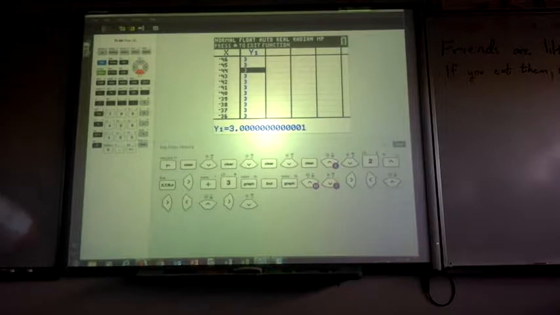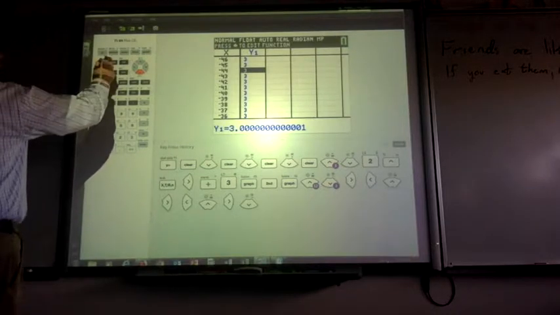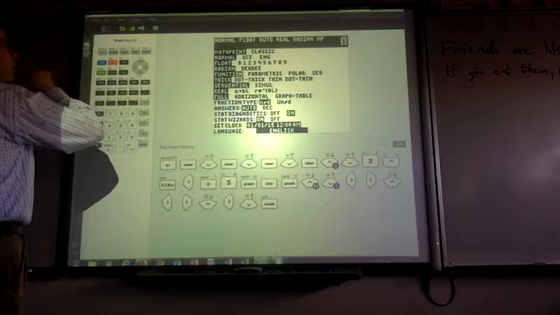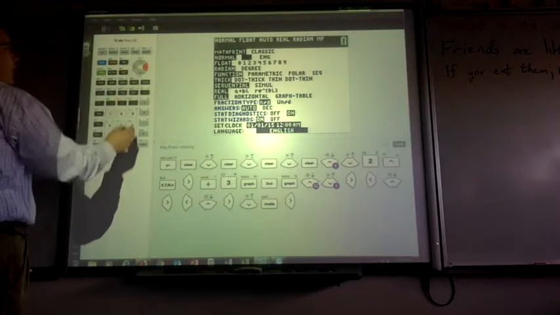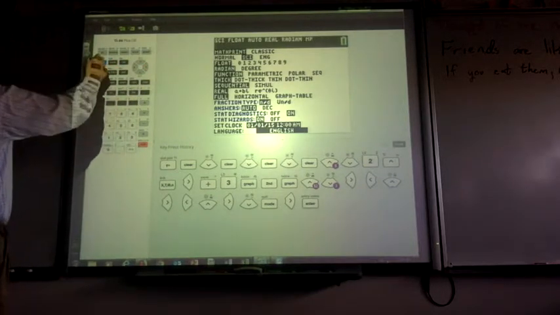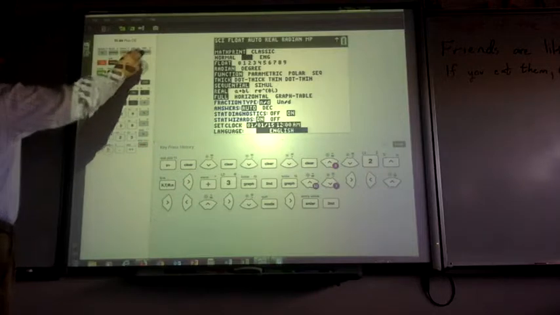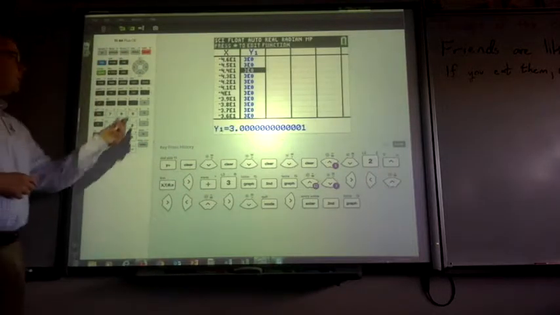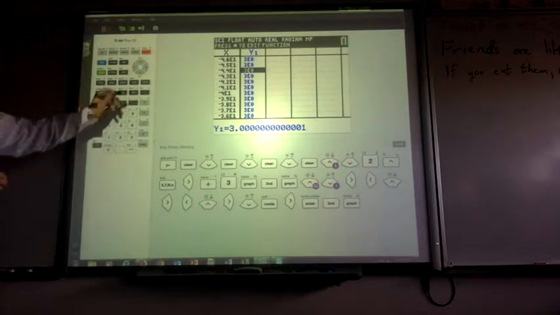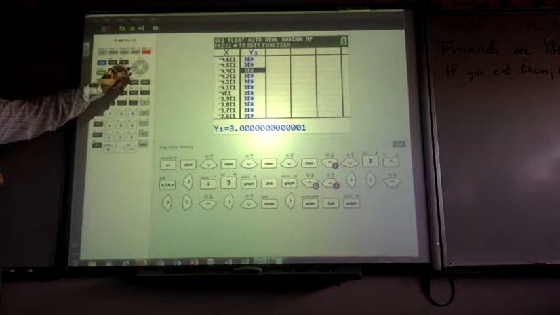I guess there's a way that we could modify this on the calculator. We put it in scientific mode so it goes to scientific notation automatically. I could go mode, then scientific, enter. Second table. So let's go even smaller.